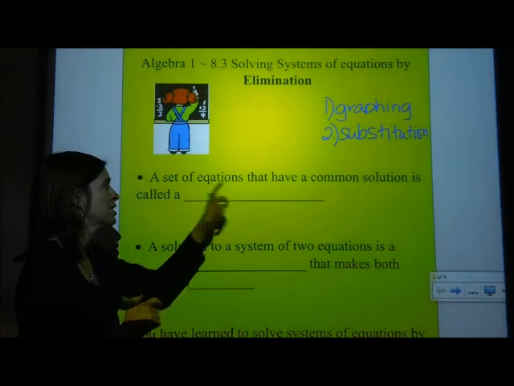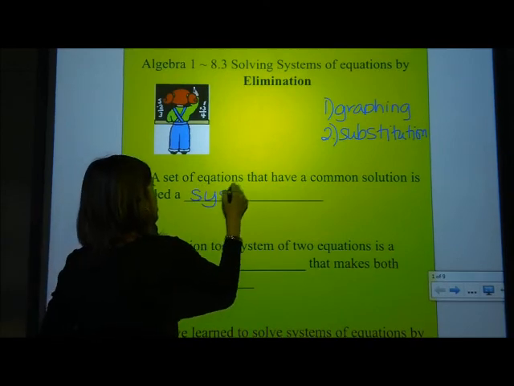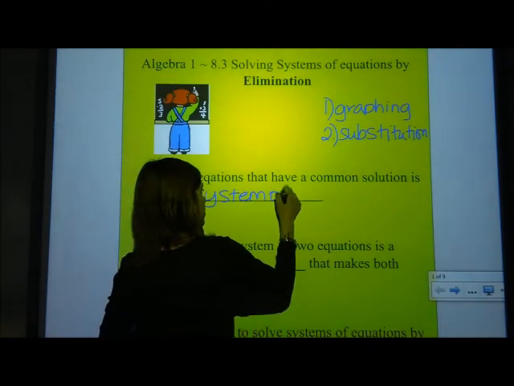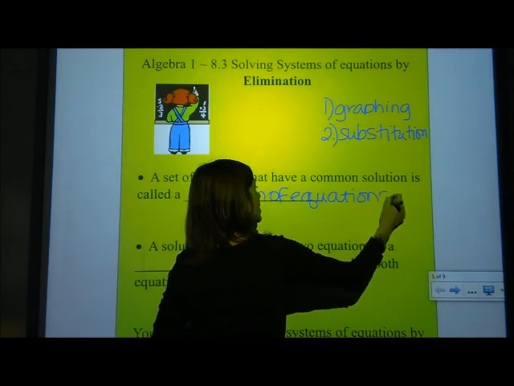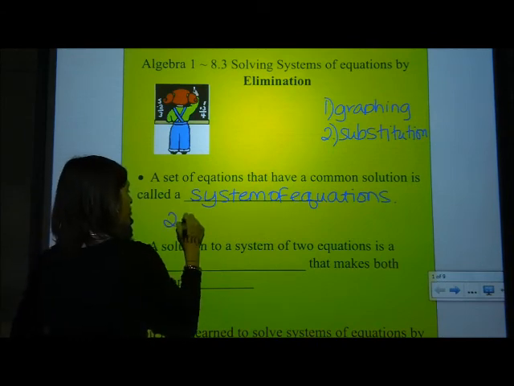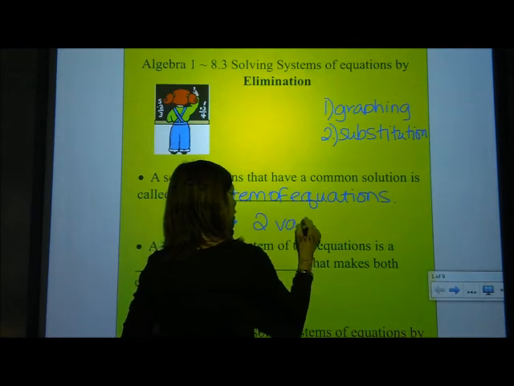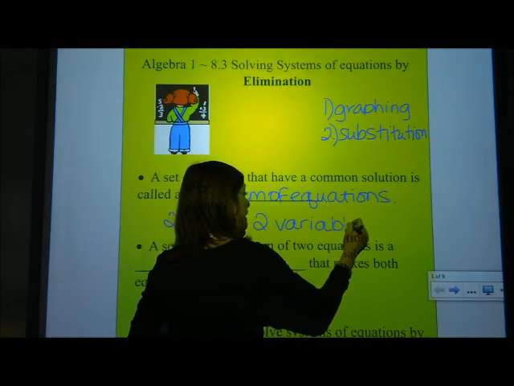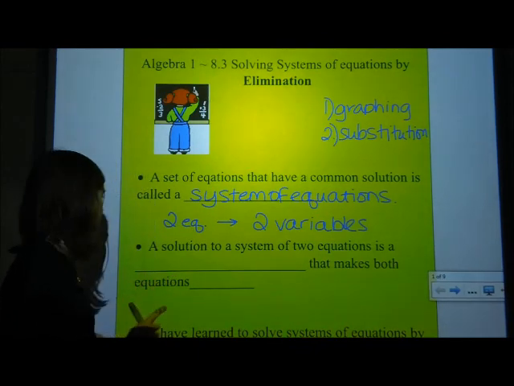A set of equations that have a common solution is called a system of equations. We've been specifically looking at a system of linear equations, which means that we're going to have two equations and two variables. We know they're linear because the highest exponent that we're seeing is a 1.